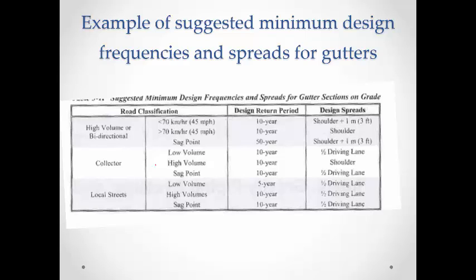You know that the construction manual will give you what is the design return period that you need, and this is an example. And as I said, we're not going to go into actual calculations because we don't have the time, but at least you will be prepared to know where to look for this information.